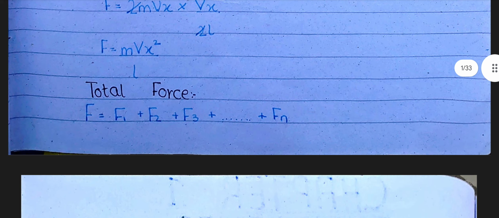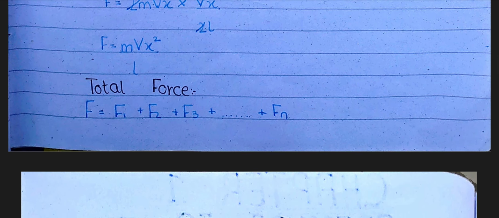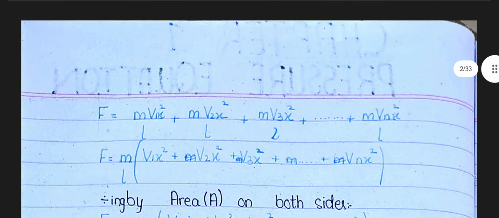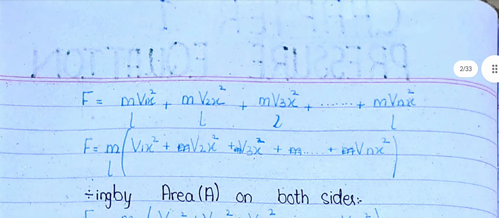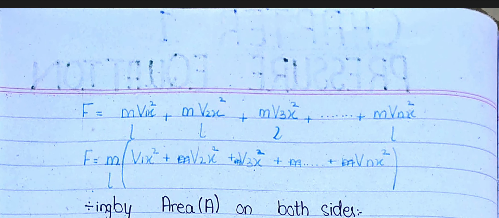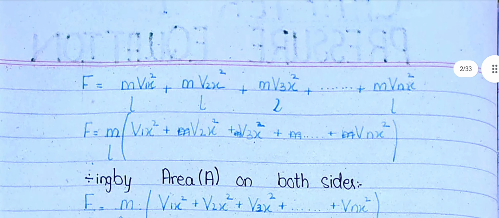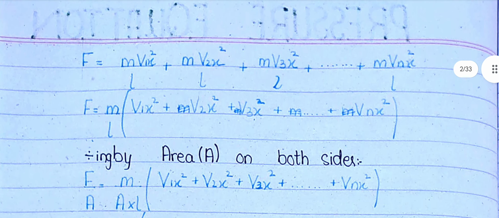Total force F is equal to F1 plus F2 plus up to Fn. F is equal to m1 v1x square upon L plus m2 v2x square upon L plus m3 v3x square upon L plus up to mn vnx square upon L. F is equal to m upon L times v1x square plus v2x square plus v3x square plus up to vnx square.